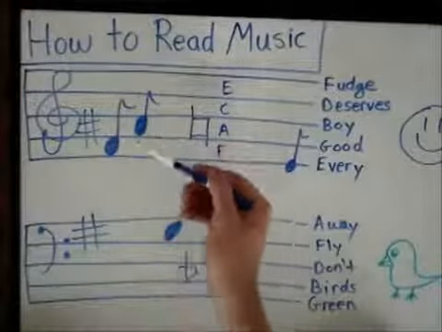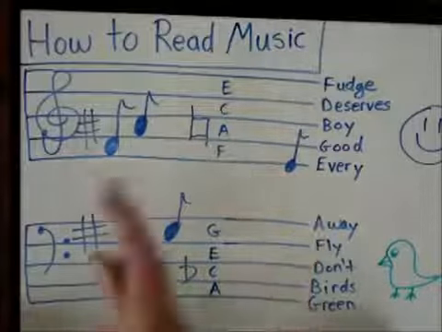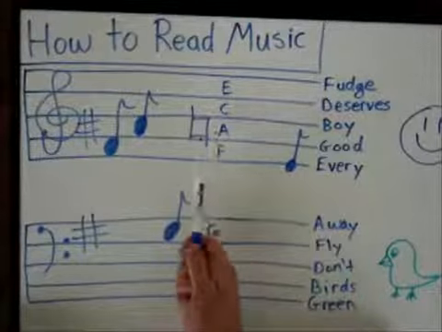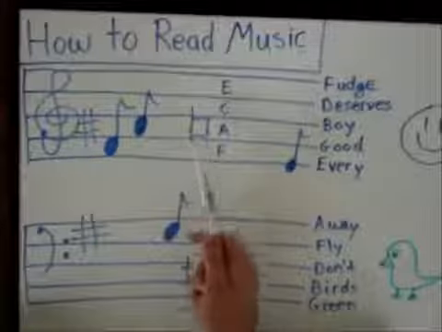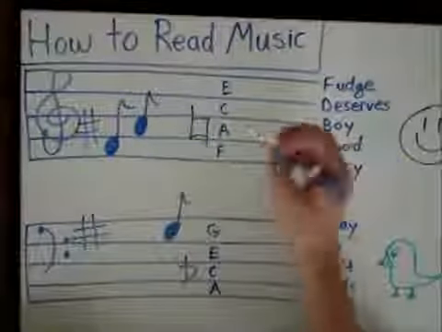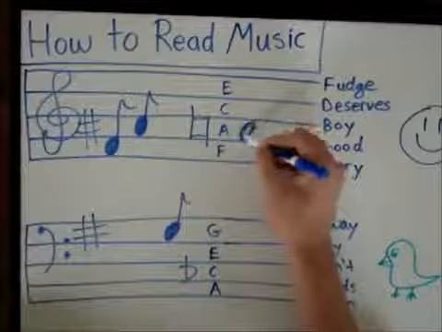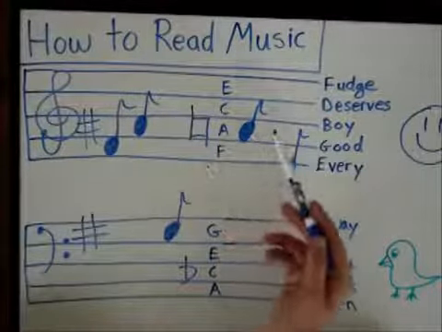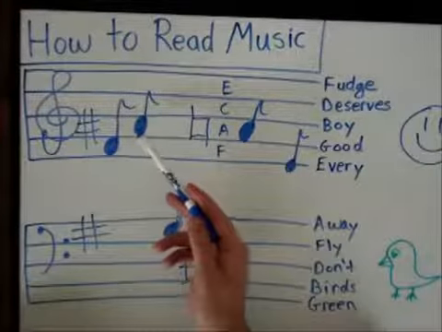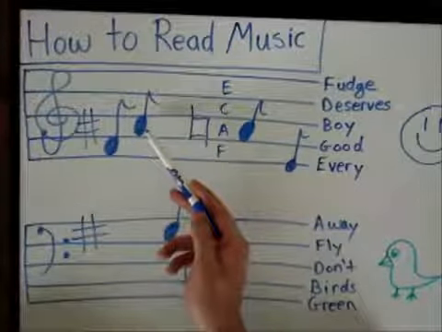It says A sharp, and then I keep going. I keep reading across the music, and I see this notation here. This notation represents a natural. So if the note comes after that notation, that means I'm now playing a natural, in contrast to before where I played an A sharp.